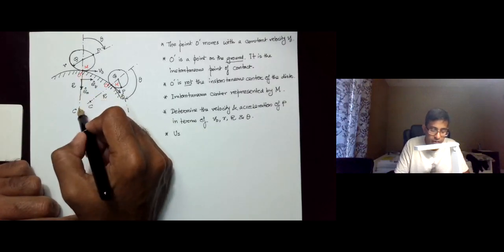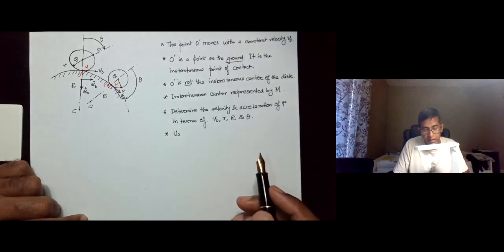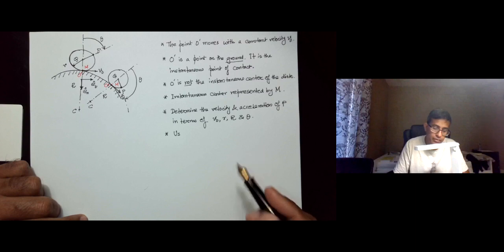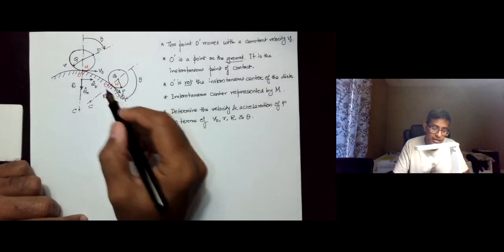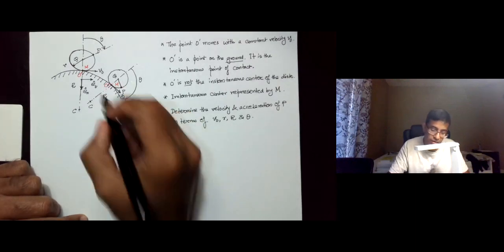So EN always points towards the center of curvature from the point O prime, and ET is always tangential to the curve.